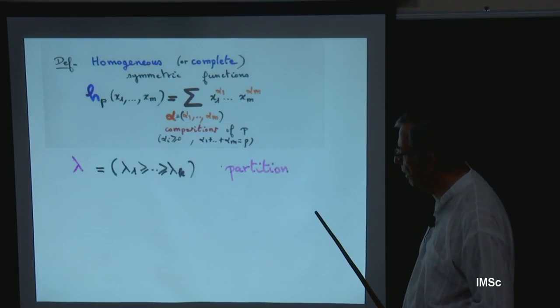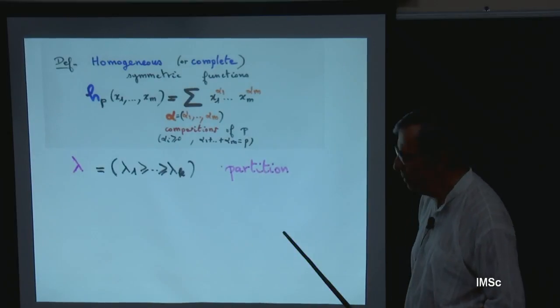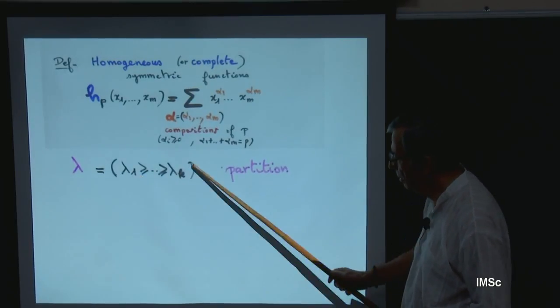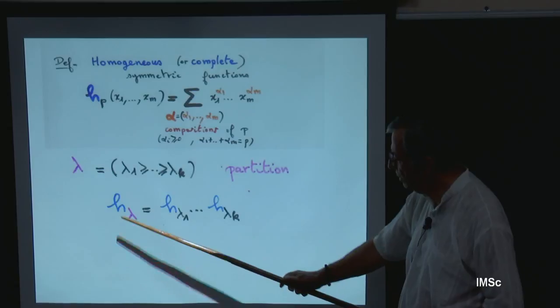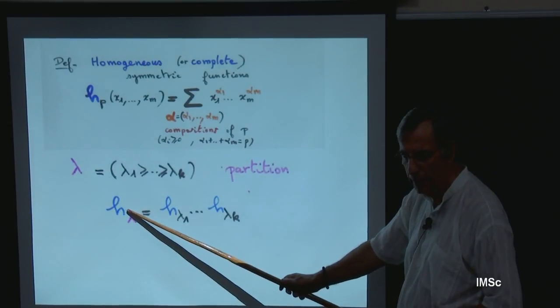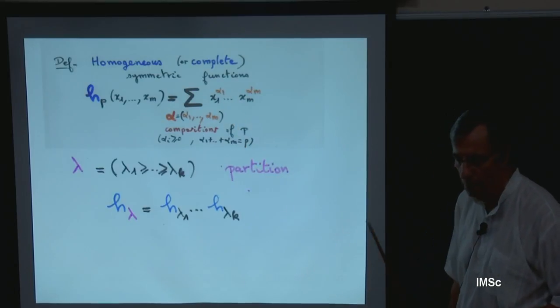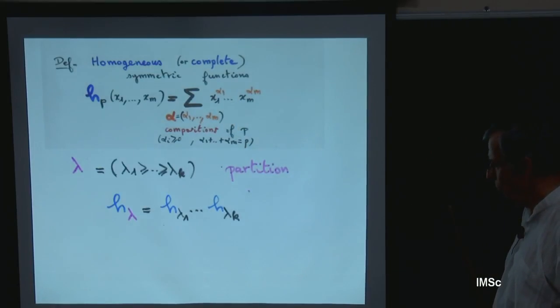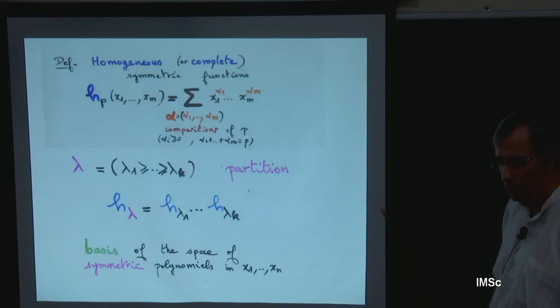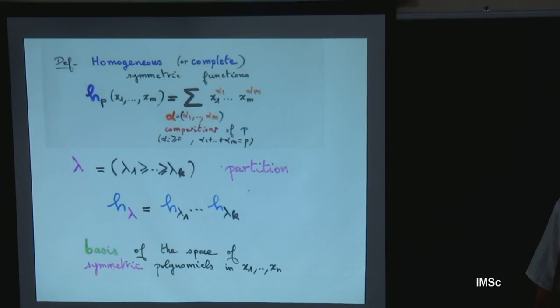Now I can define, for any partition lambda with parts lambda 1 to lambda k, the homogeneous symmetric function indexed by lambda, the product of all these homogeneous symmetric functions. And it is well known that you get a basis of the space of symmetric polynomials.